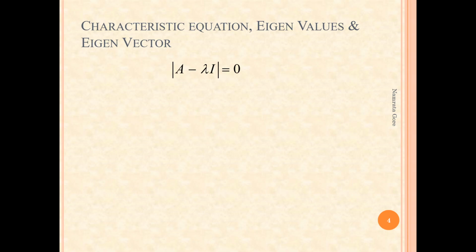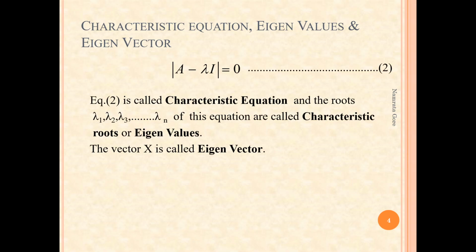This equation is the characteristic equation, and the roots lambda 1, lambda 2, lambda 3, up to lambda n, here we are getting n roots because the order of the matrix A is n. So the order of the matrix will always equal the number of roots of the equation, which are the eigenvalues. Corresponding to each eigenvalue, we will get an eigenvector.